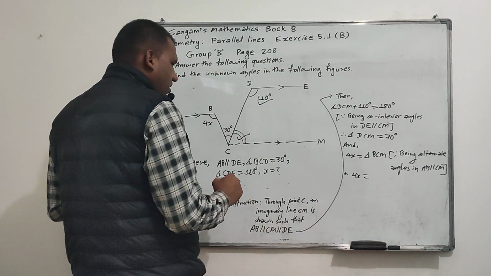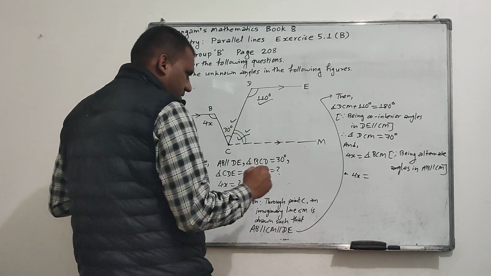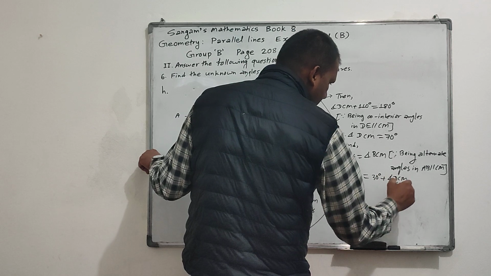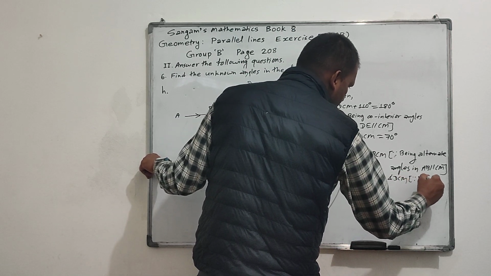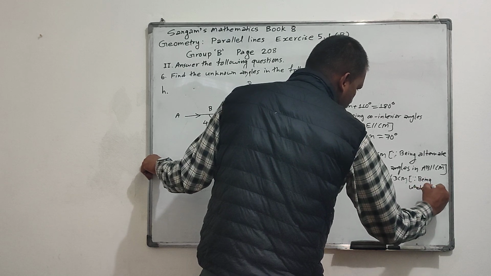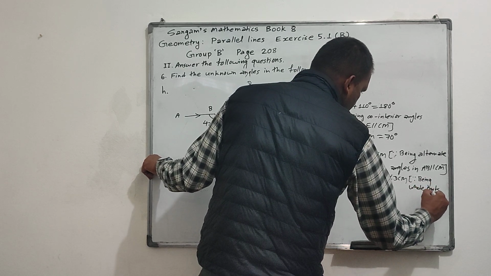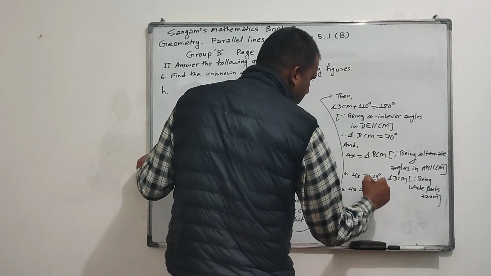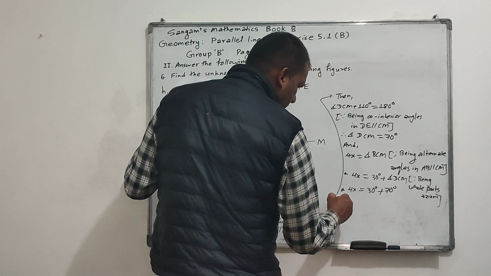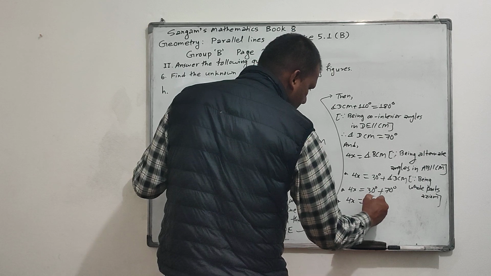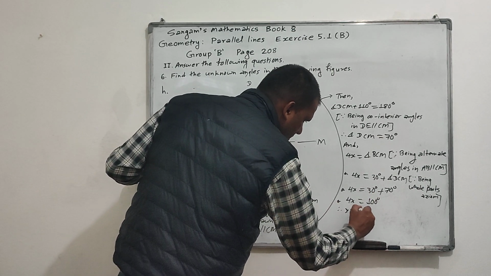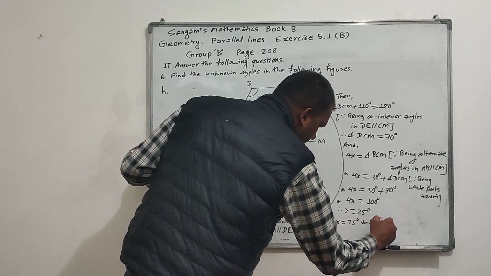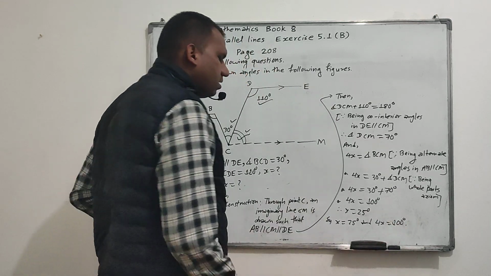Angle BCM is the sum of DCM and 30, being the whole parts axiom. So x is equal to 30 plus DCM, which is 70, so x is equal to 100 degrees. This is the answer.